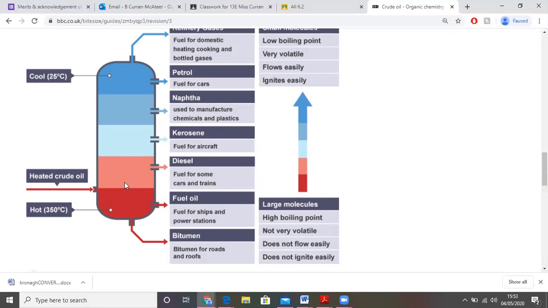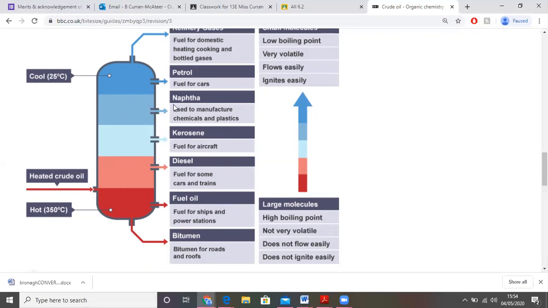The things that are still gases at this temperature rise up the column into the next section. At this temperature, kerosene can be removed as a liquid, so kerosene will condense. Naphtha, petrol, and refinery gases are all still gases, so they continue to rise up the column.